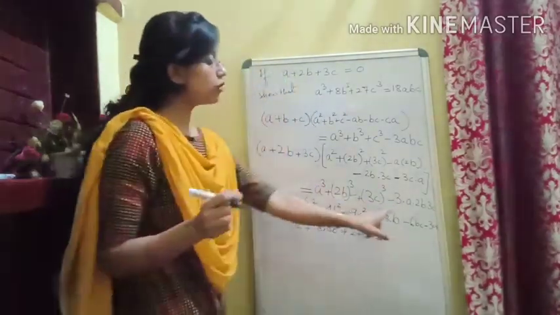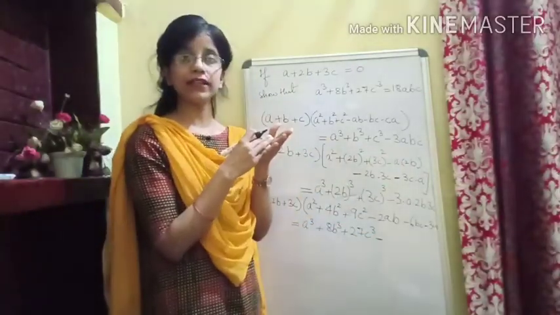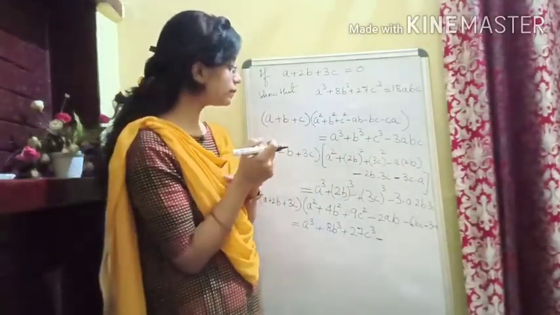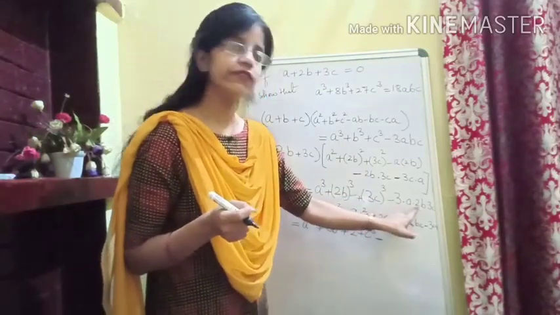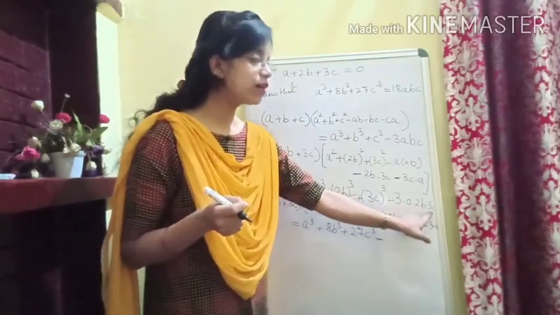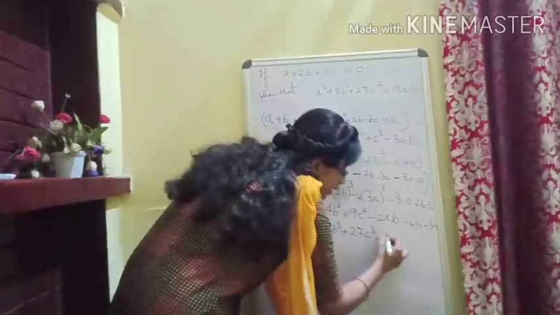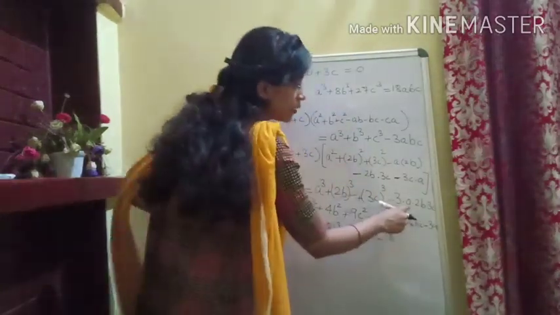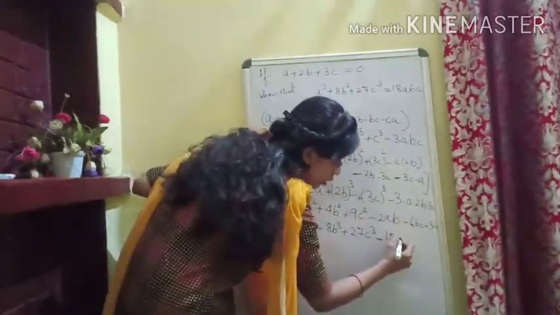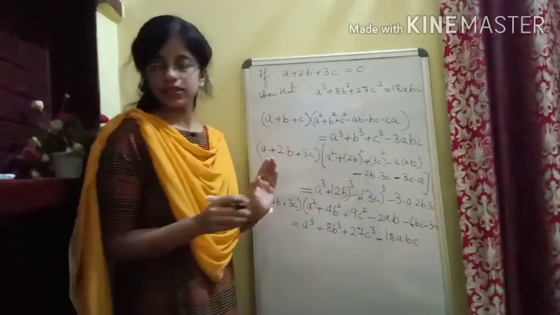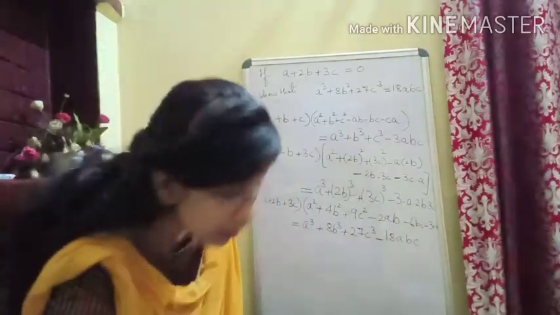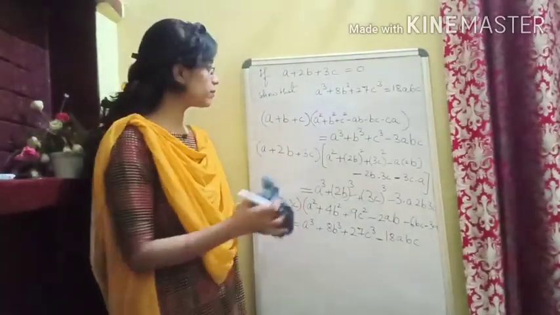Now when you have this term, first we'll multiply the numbers and then the variables. So here 3 into 2 will give you 6 and 6 3s are 18. So it is simply 18, and what are the variables? A, B, C. That means all three of them are here, A into B into C. Is it clear? Are you all clear how I have kept the values and how I am simplifying?